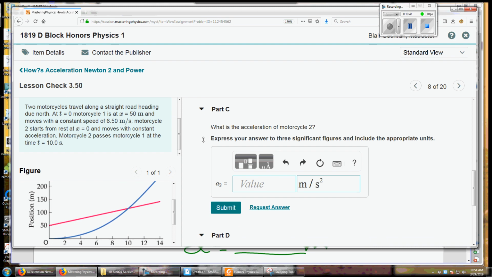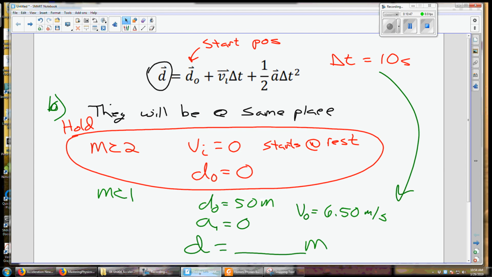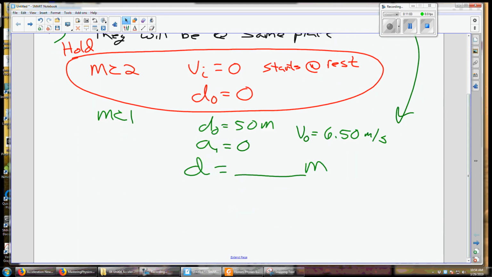Part C, what's the acceleration of motorcycle 2? Oh, now I know D. And I know all the other things in here, so now I can use that first equation again. So, this red thing wasn't lost.